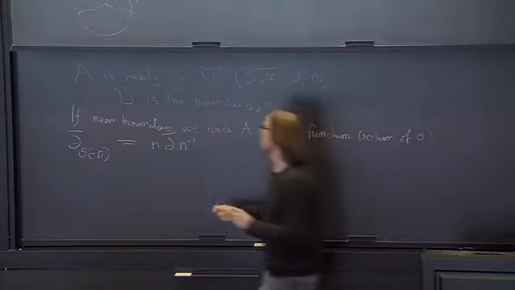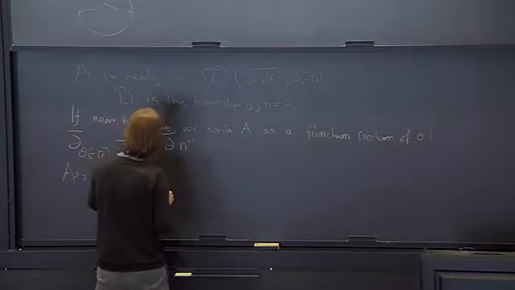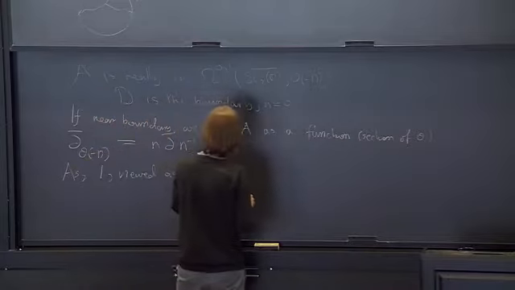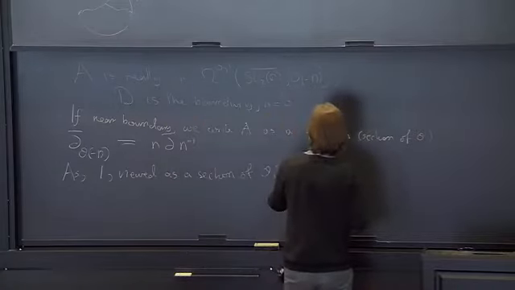So the reason is, the function 1 viewed as a section of O minus D has a first order pole.